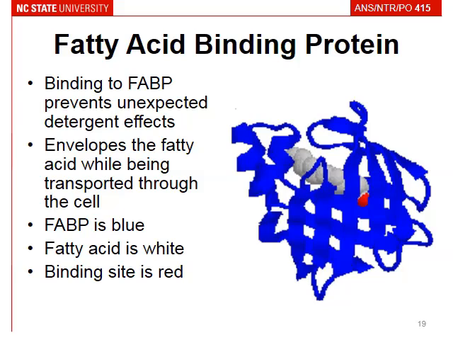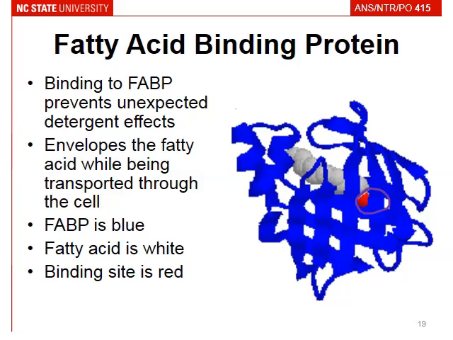So it's going to envelope the fatty acid. Here you can see all this blue around. This is your fatty acid binding protein. And our fatty acid is right in the middle, which is this white part. And this red part over here is basically the binding site where the fatty acid is binding.